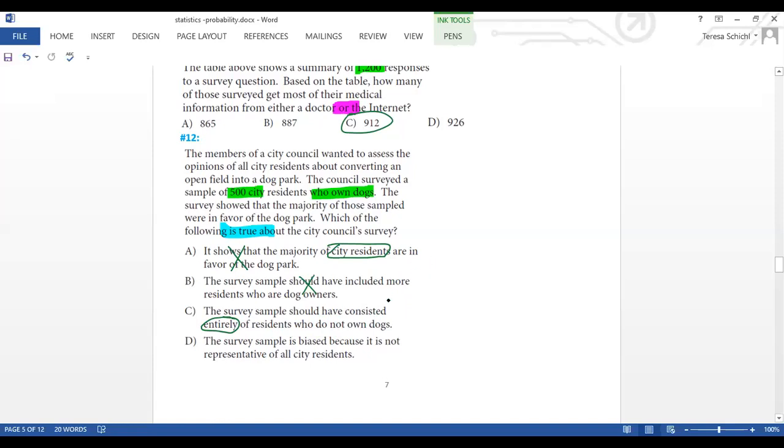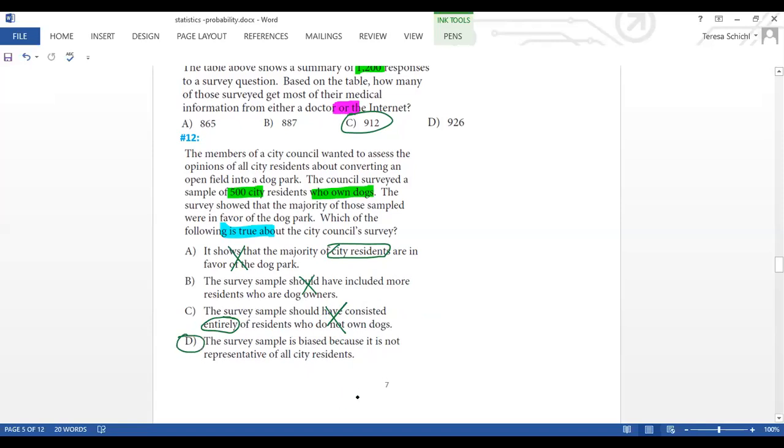The random sample should cover every part of the residents: those who own a dog, don't have a dog, have a cat, or have a cat and a dog. So this is not true here. We shouldn't limit the sample to people without a dog. So part D is the right one here.